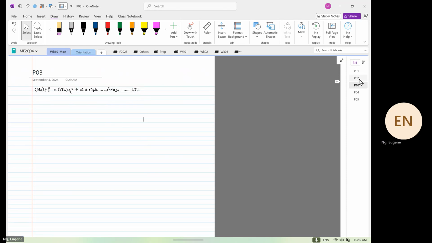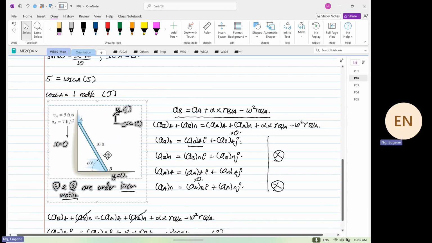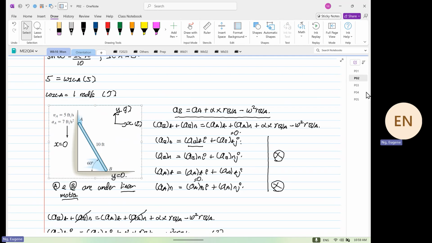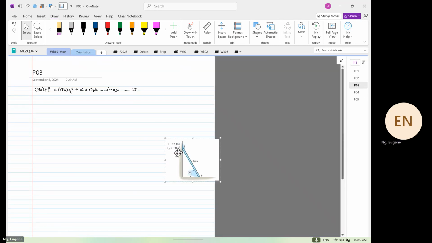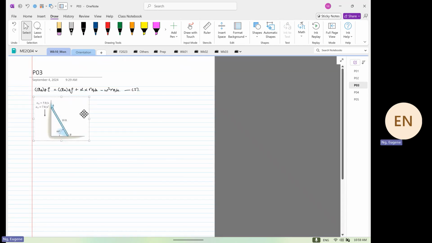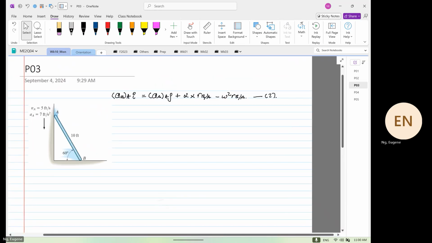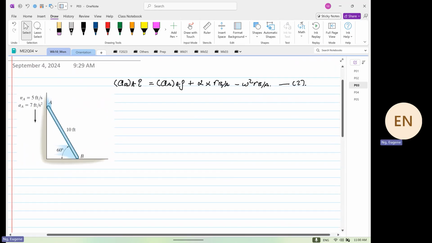Right. So now let me get this image over. Now it's plugging in numbers, and I want you to observe things. So we are aware that this will not change.